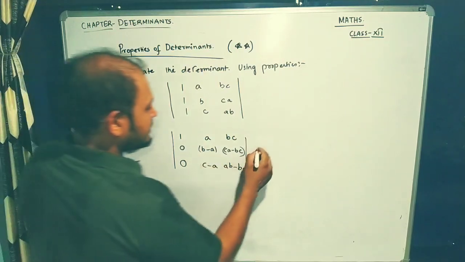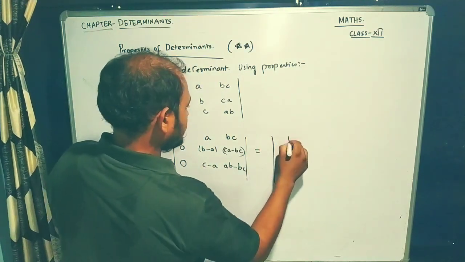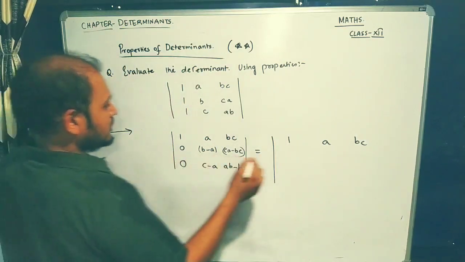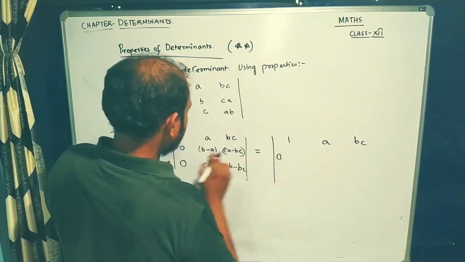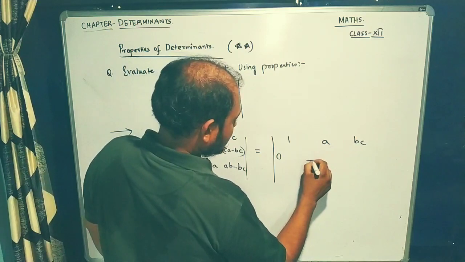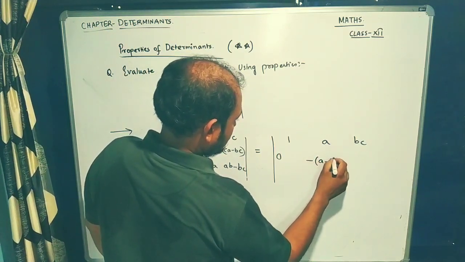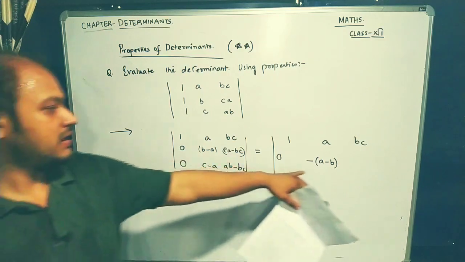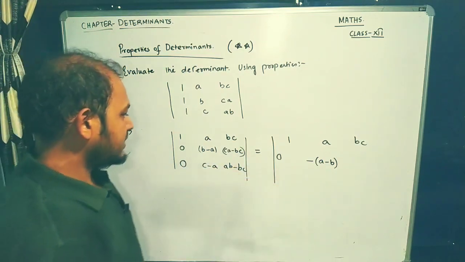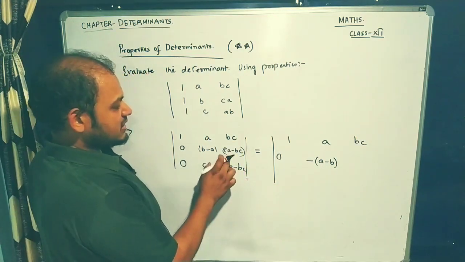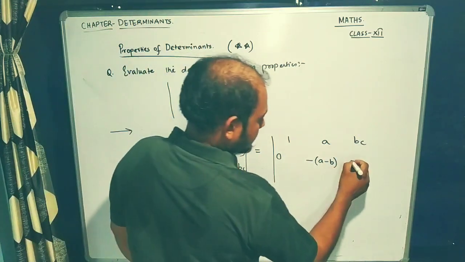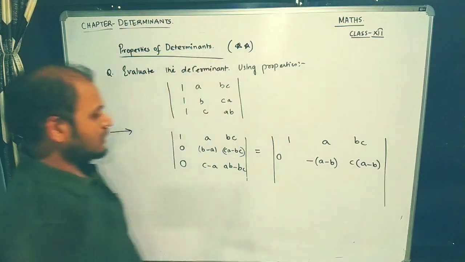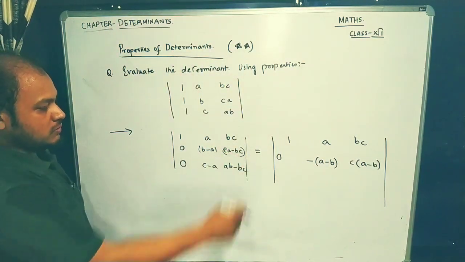You simplify this matrix, you see that it is 1 A B C, then here you have 0, then here you have B minus A. Can I change B minus A into minus A minus B? Yes, I can take minus as common, and in this case I can take C as common. It becomes A minus B, taking C as common in this position.